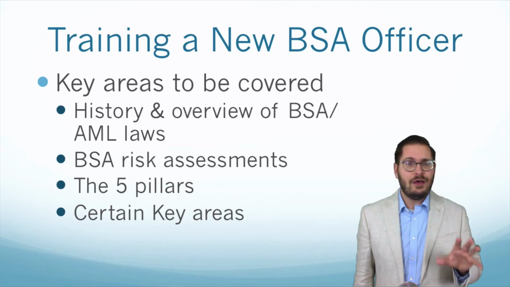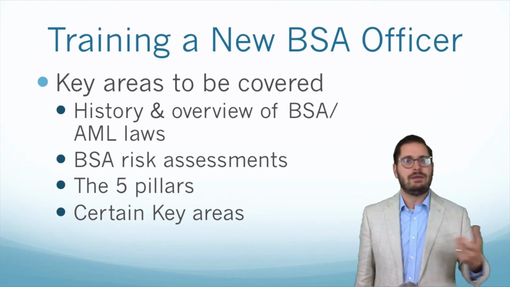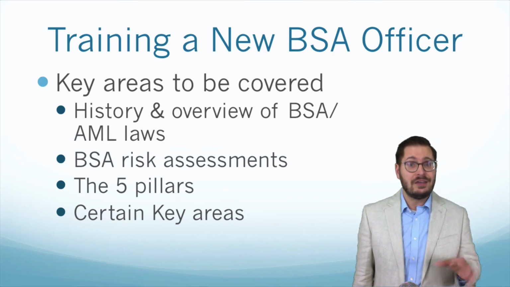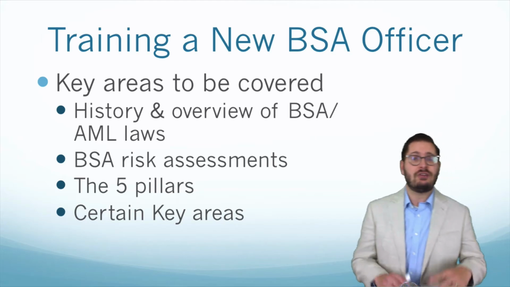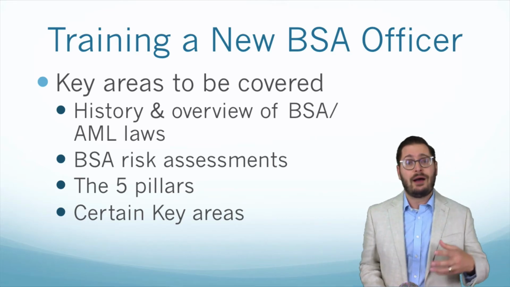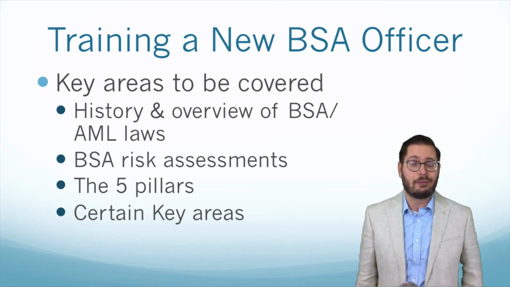So even though your new BSA officer or any individual who's working in a BSA department may not need to know all of these areas, it's a good idea that they have a general understanding of how the entire function works together so they can know how what they're doing applies to the larger picture of your BSA AML program.